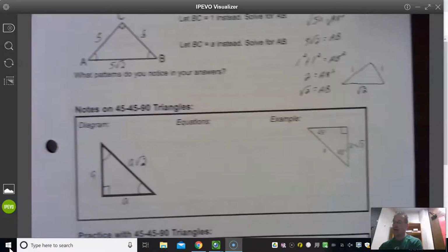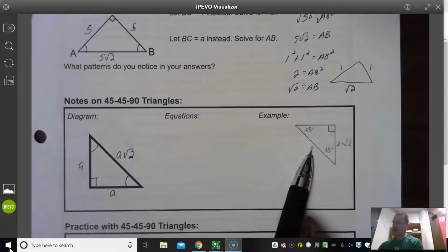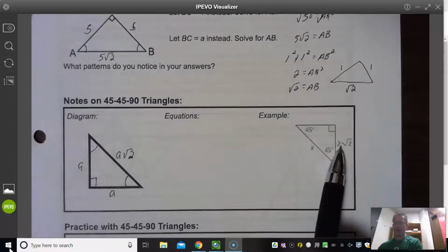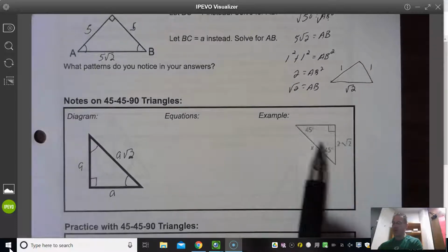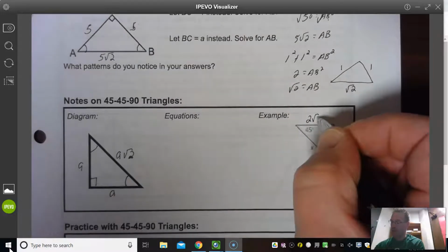When we look at our example, I always want to know: do I start with a leg or do I start with the hypotenuse? Notice in this case, I start with the leg. If it's a 45-45-90, then I know the two legs have to be equal, so this also has to be 2 root 2.